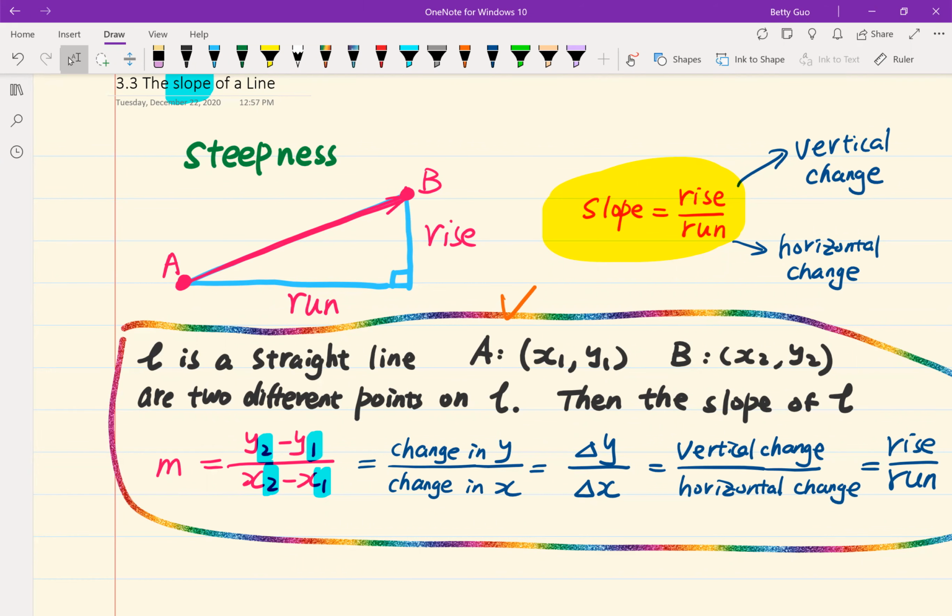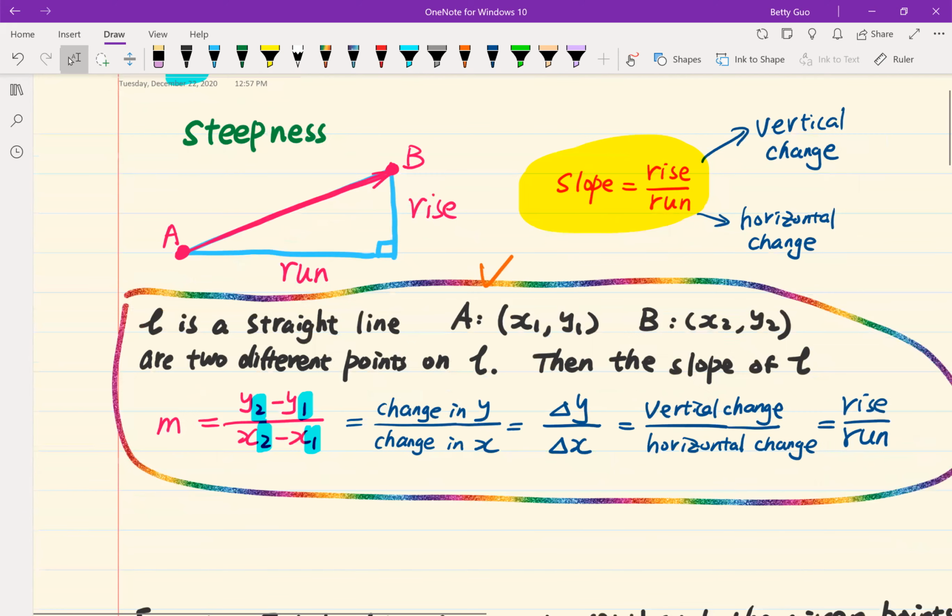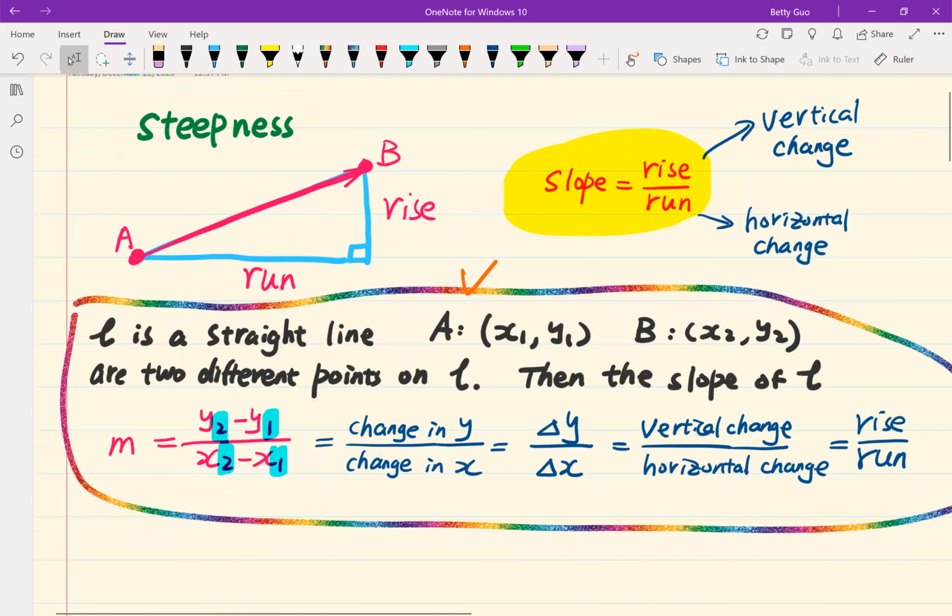And next up, let's see this formula. Say L is a straight line. A and B are two different points on L. One point is x sub 1 comma y sub 1, so the two coordinates for A are given.